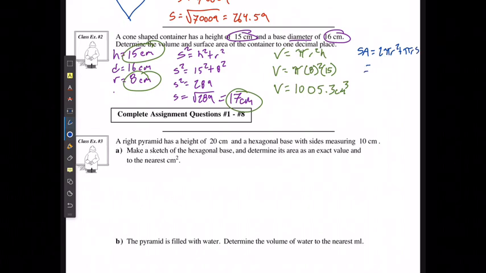So this is going to give me 2 times pi times 8 squared plus pi times 8 times 17. And I'm going to get a surface area in this case of 628.3 centimeters squared.